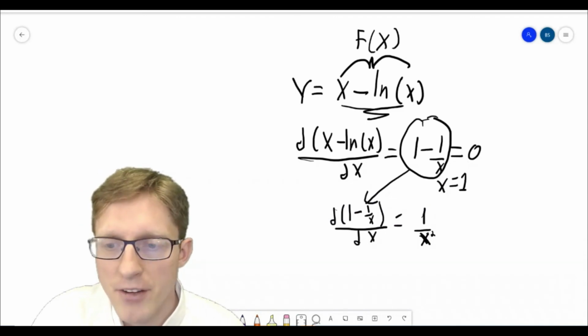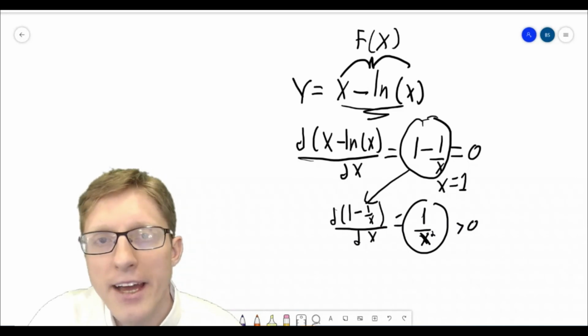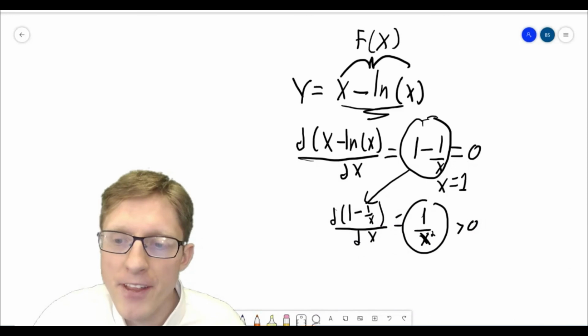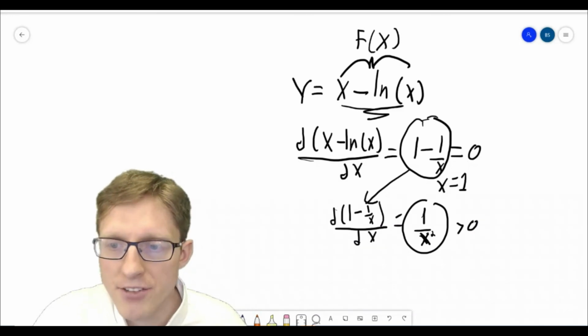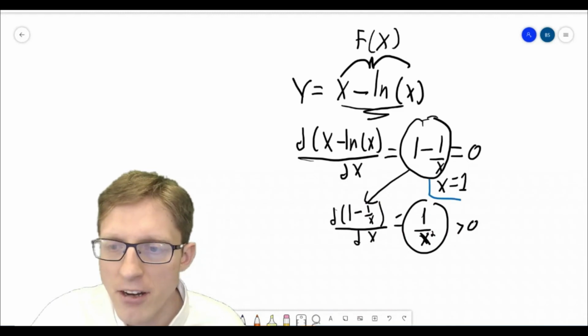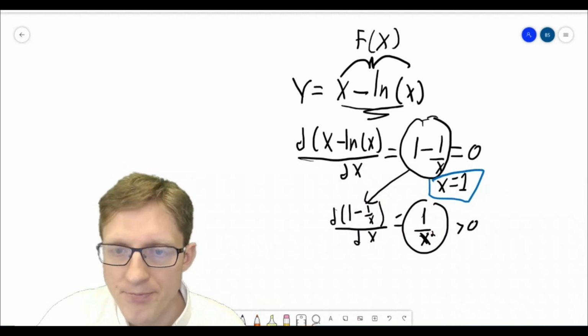The second derivative here is positive for any value of x that you would plug in. So we verified that this function is globally convex, and this candidate solution that we found right here is indeed the value of x which minimizes the function.